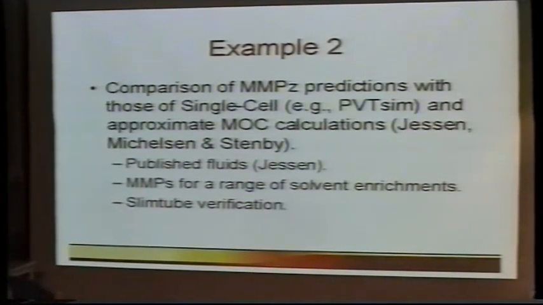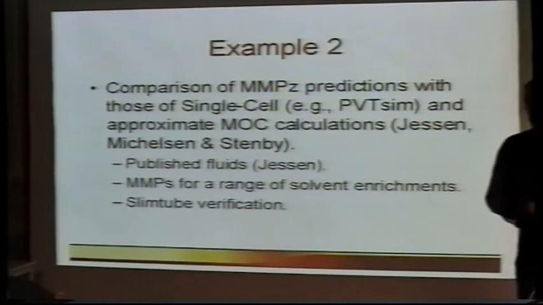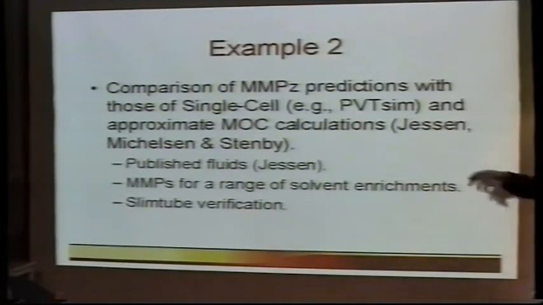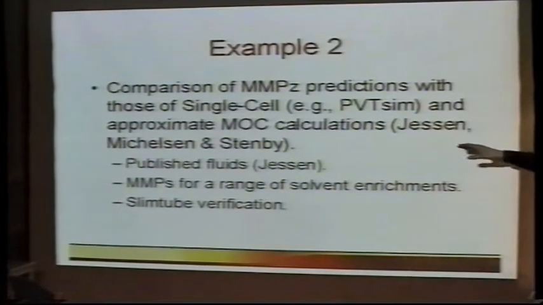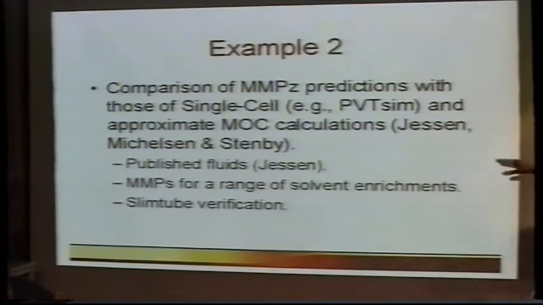And then for the approximate method of characteristics calculations, I turned to a paper by Jessen, Mikkelsen, and Stenby, or Jessen, I don't know how to pronounce his name. I don't have an MOC solver myself, so I used their solution. In fact, this whole example was their published problem.